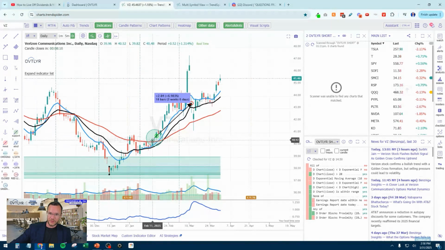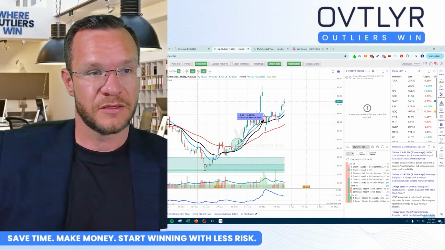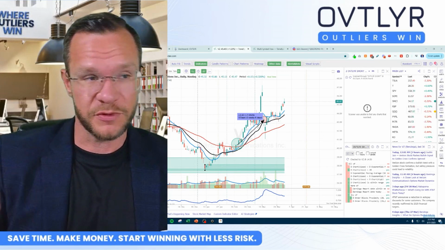You had one close over that point right there, and that would be your green light. You let it run. You didn't catch the top, and that's okay, but you let it run until the first day it closes under the 10 EMA. You just made 7% in the span of 18 trading days by knowing how to trade with the trend, which is greater than the entirety of their annual dividend payout.